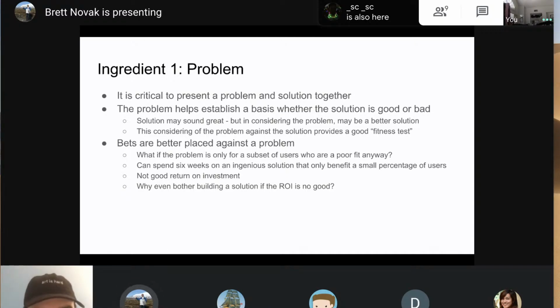If you present a solution to the stakeholders, they may say it sounds great, but businesses generally are there to make money, unless it's nonprofit, I guess. So if you're not going to make any more money off of it, why even bother building a solution if the ROI is no good?